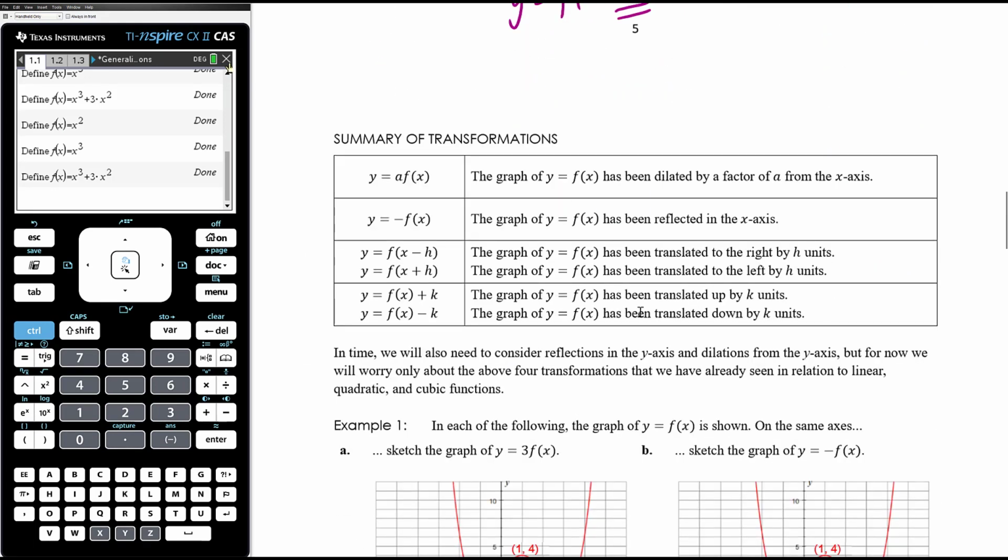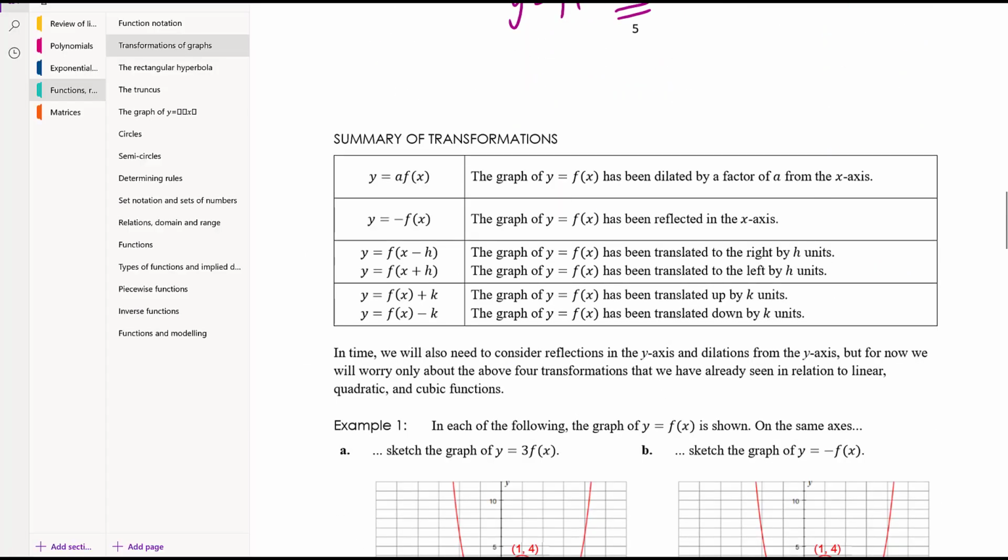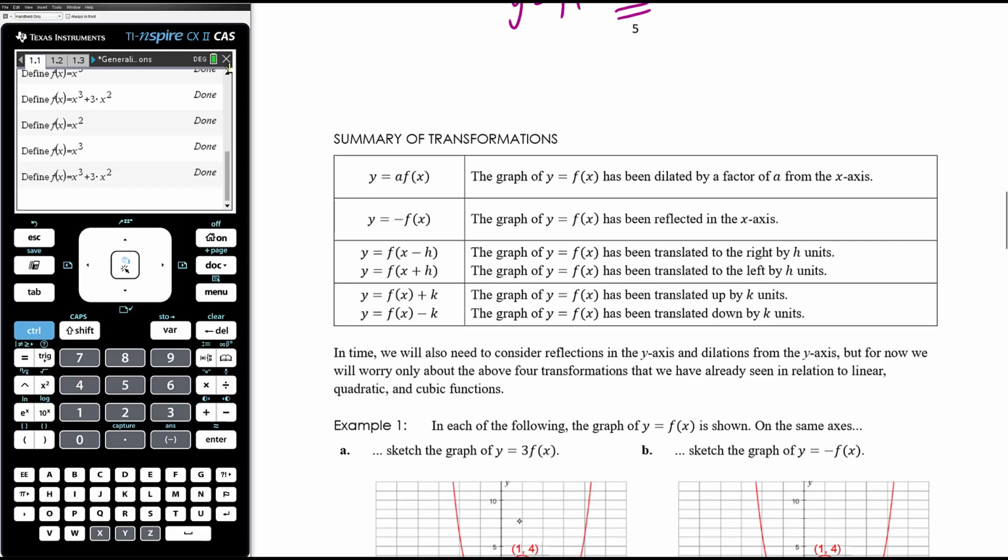Okay, so summary of our transformations. If we have a number times f of x, we are taking f of x and dilating it by a factor of a from the x-axis. If we have a negative at the front of f of x, so negative 1 times f of x, the graph of f of x has been reflected in the x-axis.